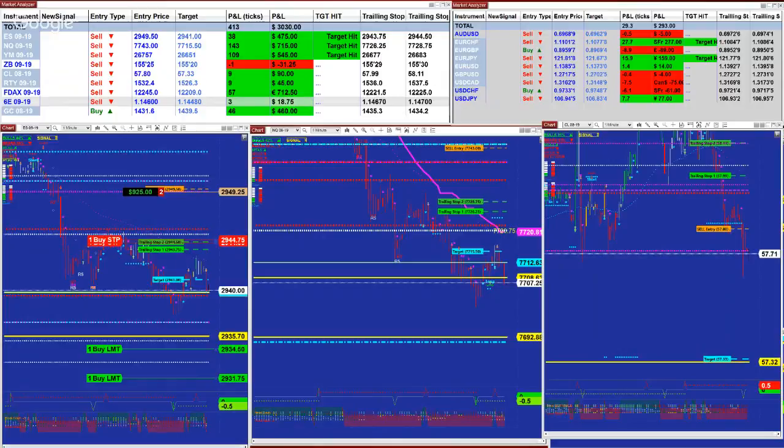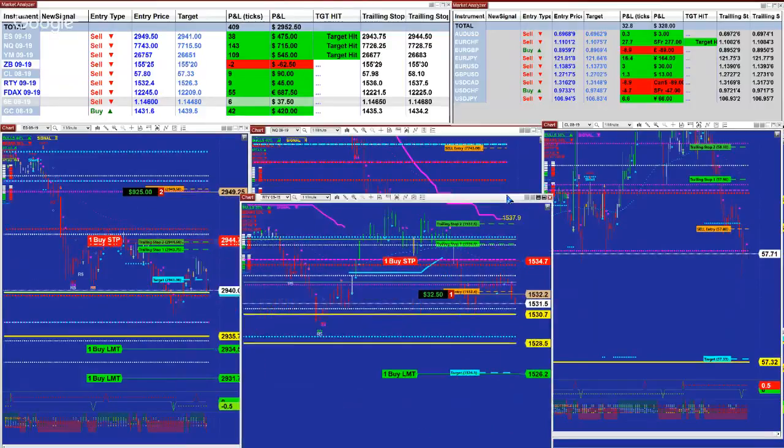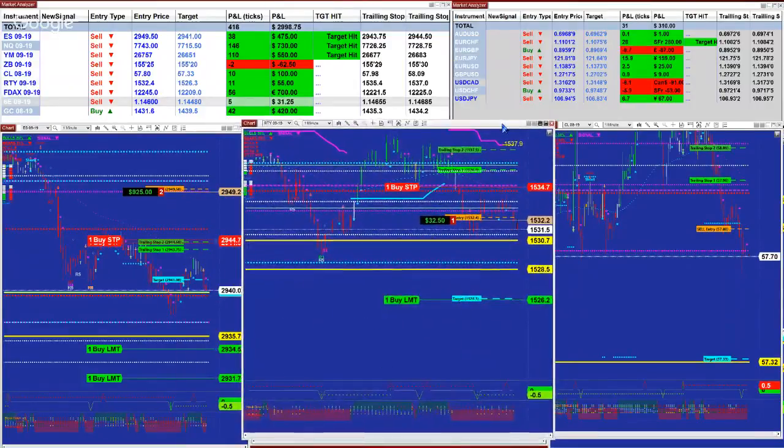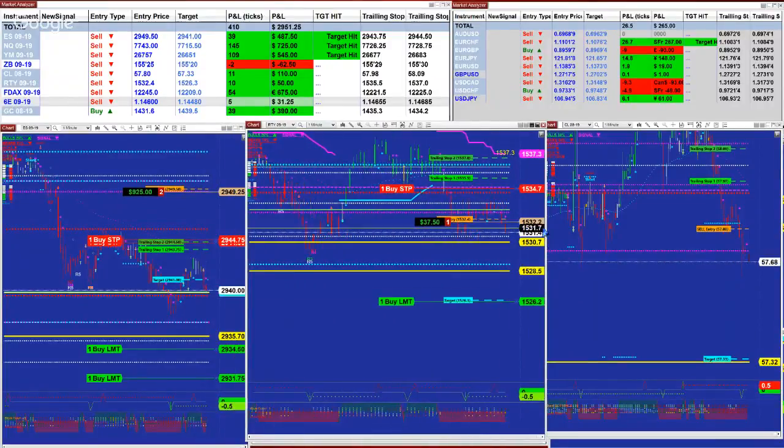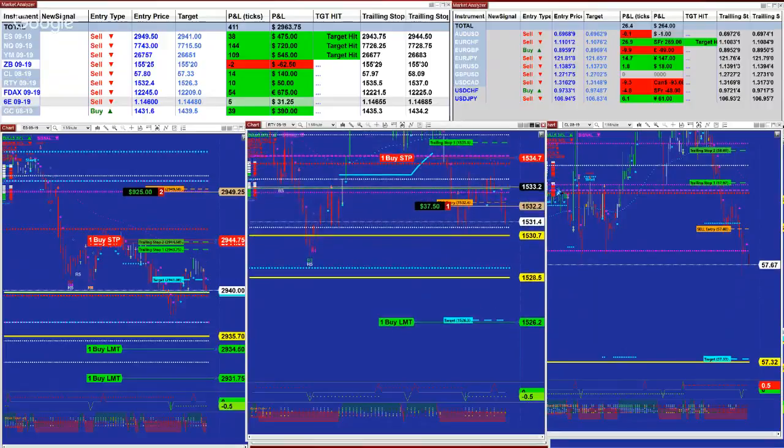For the ones taking those Russell, now we are in the proper direction. And man, that pisses me off on the CL, because the ATM broke even very fast. Okay, on the Russell, we are still on that trade.